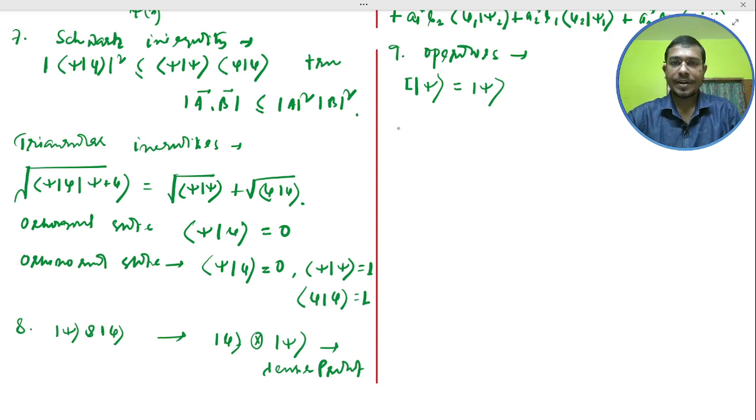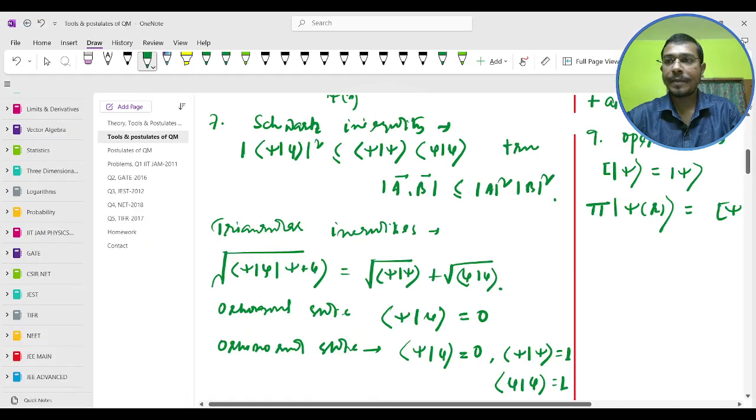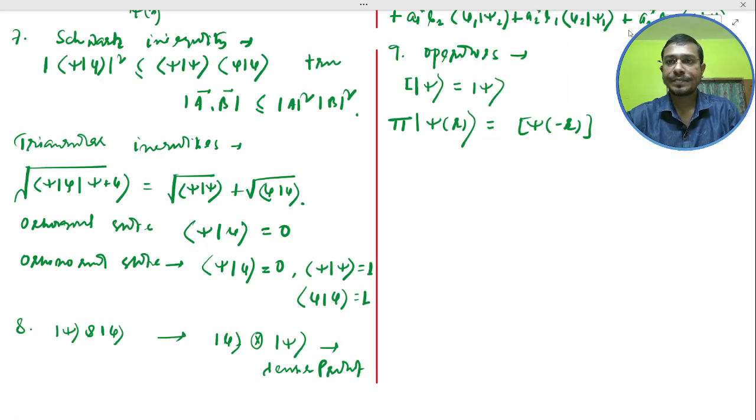Next, parity operator. Pi acting on psi of r will become psi of minus r, for negative parity. Basically the odd parity. And for even parity, it should be positive.